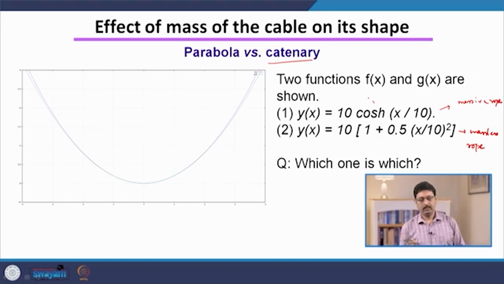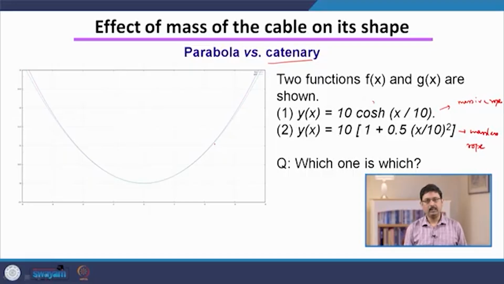Now, I will give you as a take-home exercise to plot these two functions in your favorite plotting tool, and then determine which curve represents the massive rope and which curve represents the massless rope.